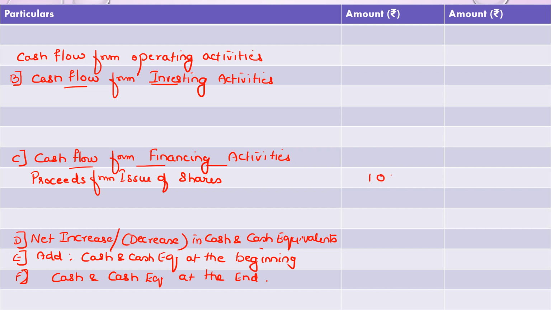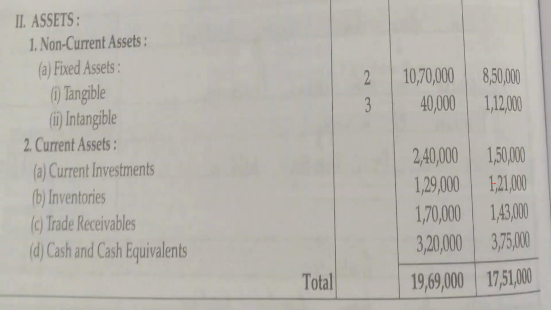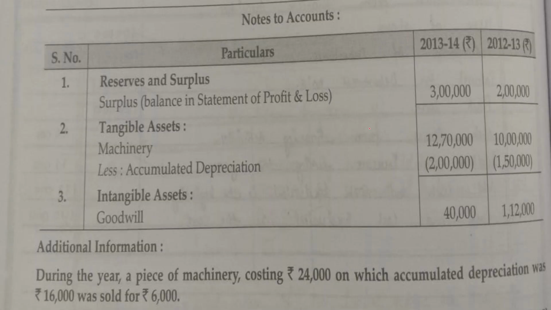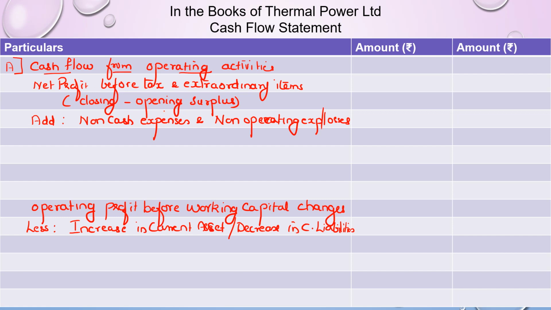It's an inflow of 1 lakh. Next, we have the reserves and surplus that we saw in the notes to accounts. It was related to the surplus here. So that would be the starting point here. Closing minus opening, which was 3 lakh minus 2 lakh. That comes to 1 lakh. So that is where we are starting our cash flow statement from.